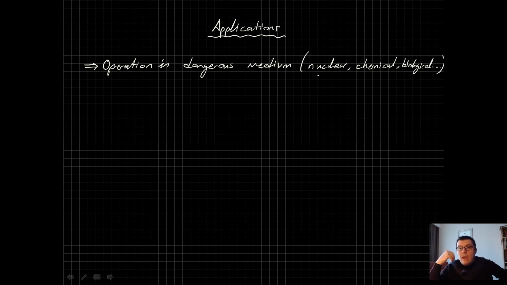Think of a chemical leakage in a production plant, where you need to make some measurements or carry out a certain operation in the dangerous zone. Rather than going there yourself, you can send the robot and teleoperate it from the remote site. These are good operations, and actually the biological one is important.